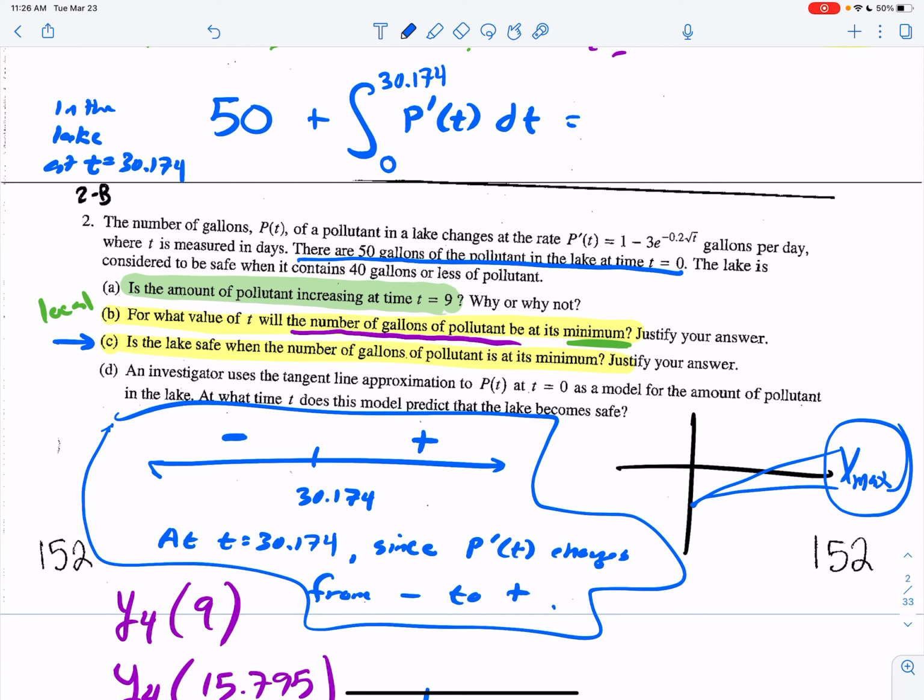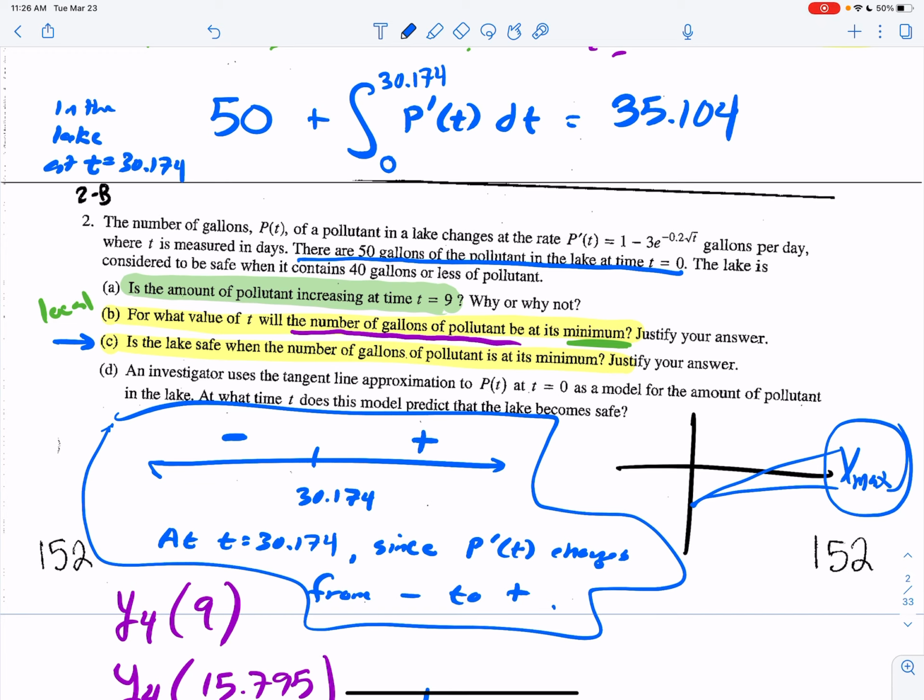I'll do this too. You should be on your home screen. You're going to do 50 plus MATH 9, from 0 to 30.174 of ALPHA TRACE y1 dx. This comes out to 35.104. That's the amount of gallons in the lake at this time.